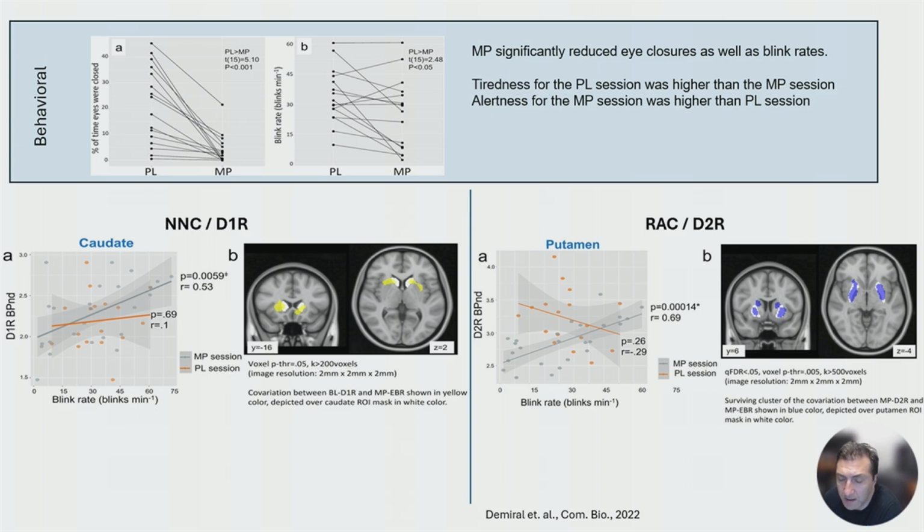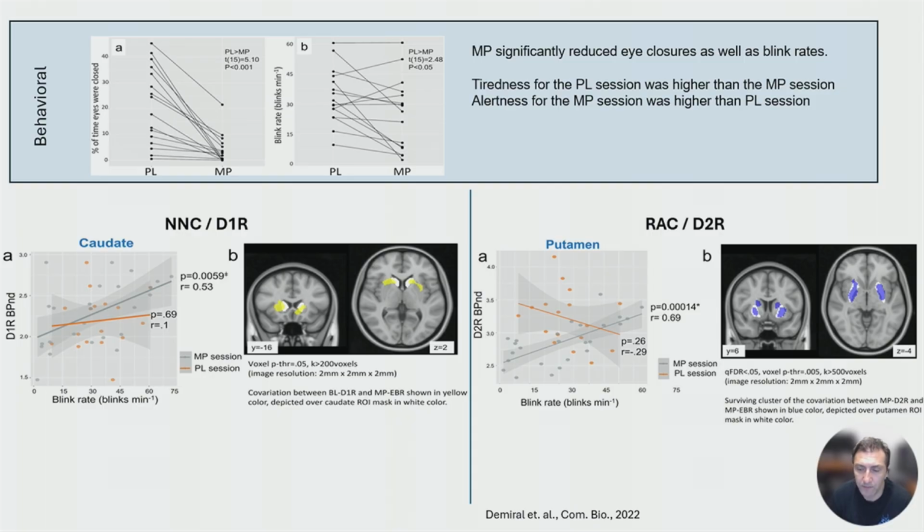On the right side, we also report D2 receptor densities, and interestingly, again, the methylphenidate session blink rates across subjects were more correlated with the D2 receptor densities, in particular in the putamen.